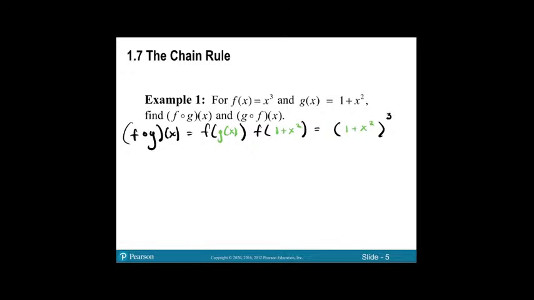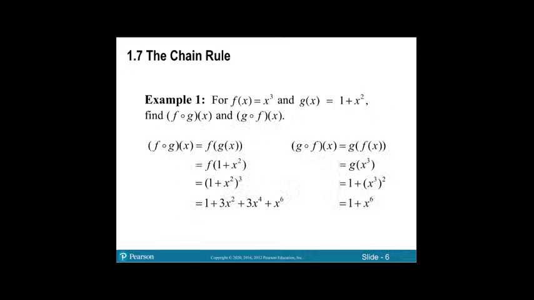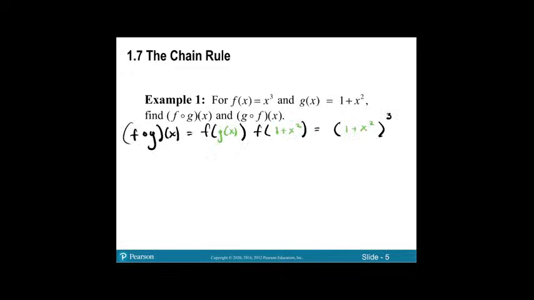Let me see, what did they do? They did expand it out. We can expand it, I guess. So if we expand it, we have 1 plus x squared times 1 plus 2x squared plus x to the 4, so we basically have to FOIL. 1 times everything is 1 plus 2x squared plus x to the 4.